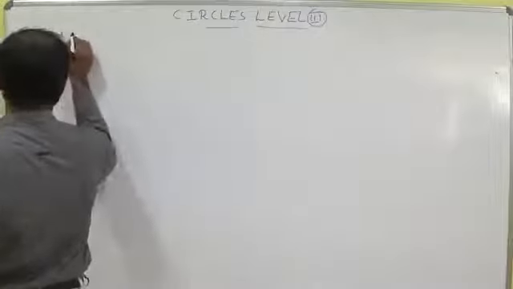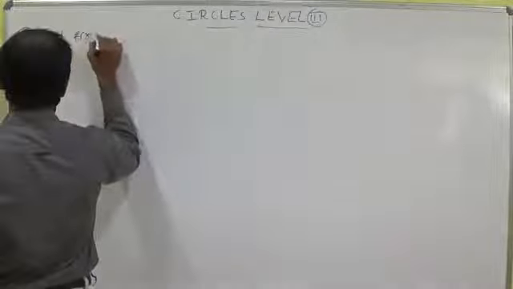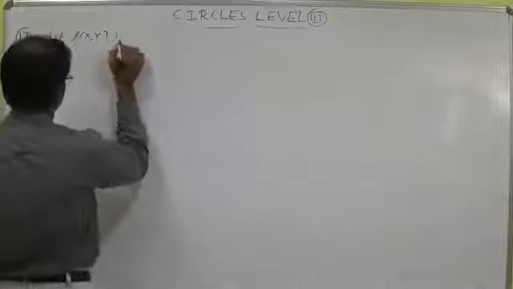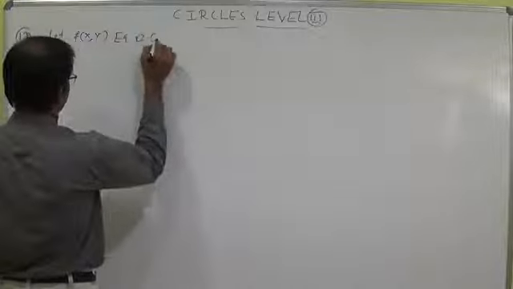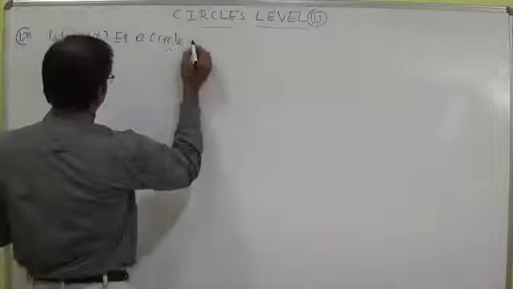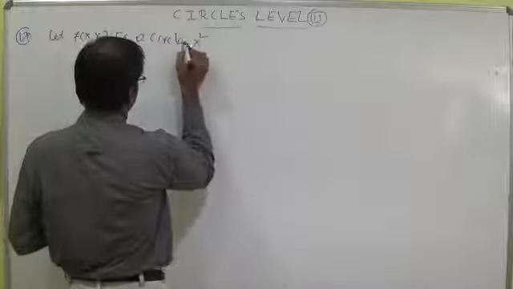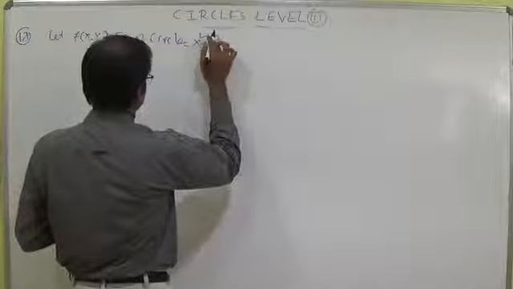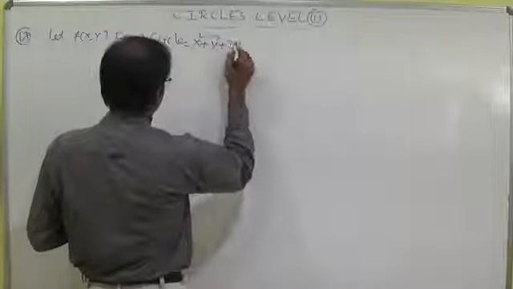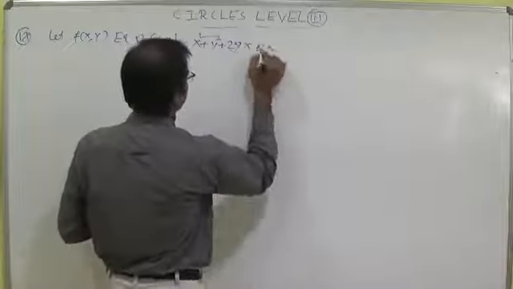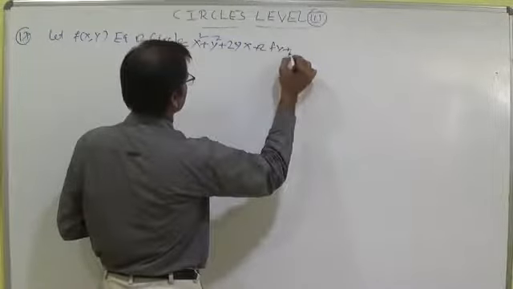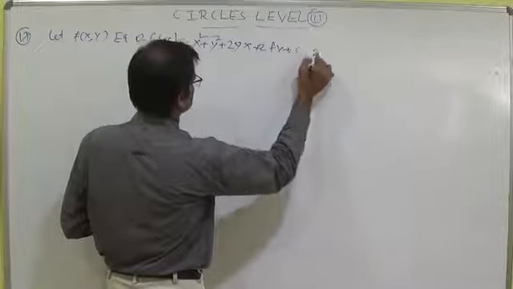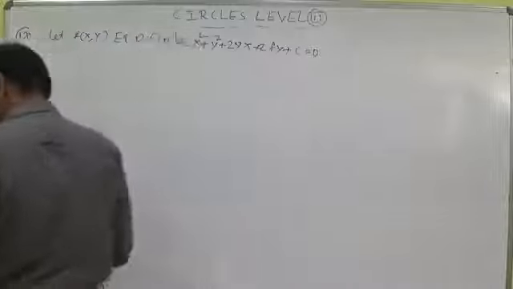Let f(x, y), which means the equation of a circle, be x square plus y square plus 2gx plus 2fy plus c equal to 0.